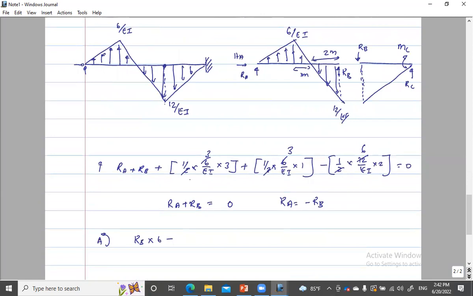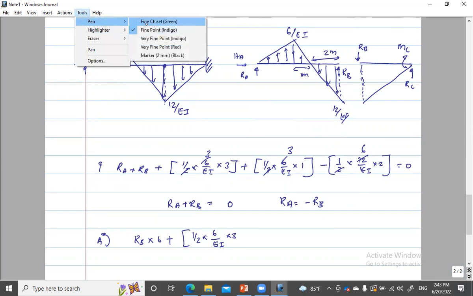Then this load is also acting upward, so that is plus half into 6 over EI into 3. I'll shade this in two colors.